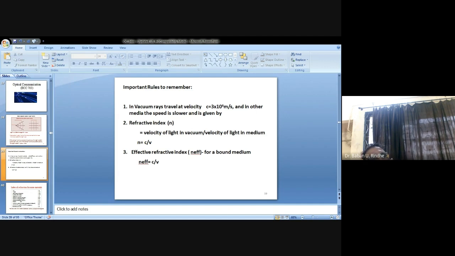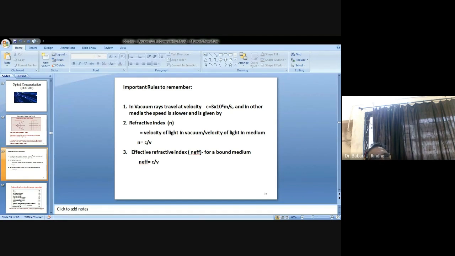Lambda is equal to 1 upon 3 into 10 to the power 8, that is 0.003 into 10 to the power minus 6 meter. We can get the values.